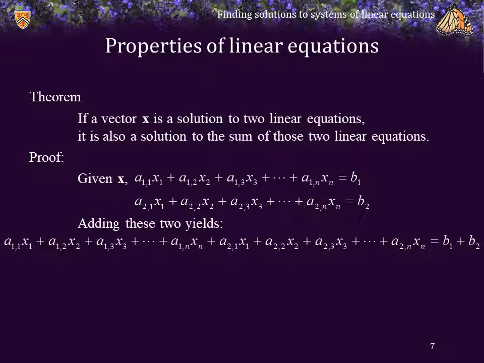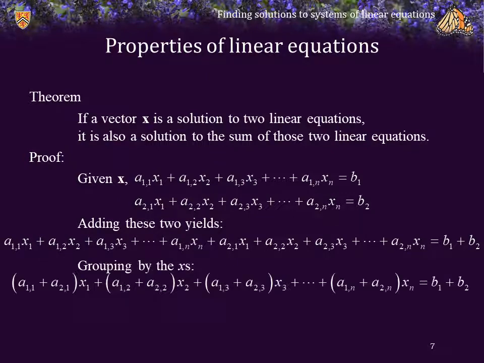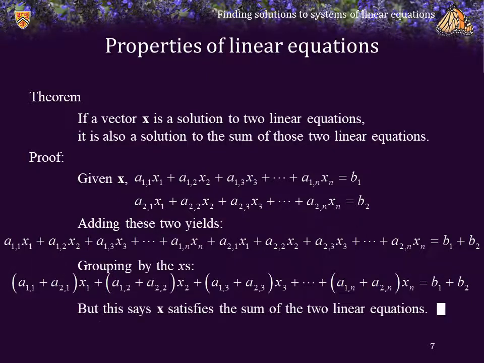I can add the left sides together, and I can add the right sides together, and the results will be equal. The only thing now is, on the left-hand side, I'm going to group according to the x's. But wait a second now. This indicates that these x values satisfy the linear equation that is the sum of those two linear equations, and consequently the theorem is correct.